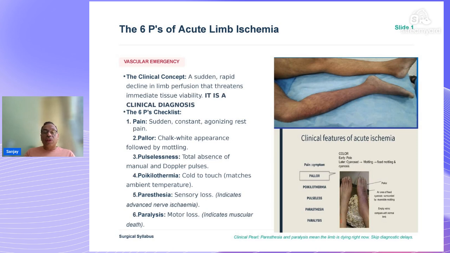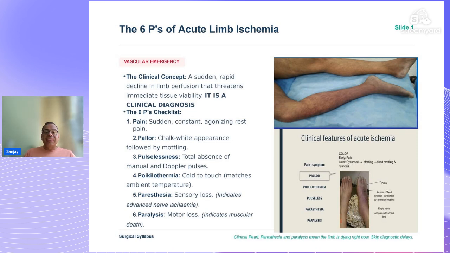Without wasting any time, if the clinical suspicion of acute limb ischemia is strong enough, the patient should be taken for immediate vascular intervention, whether endovascular or surgical, to prevent this very important condition which can lead to the loss of limb or even life.